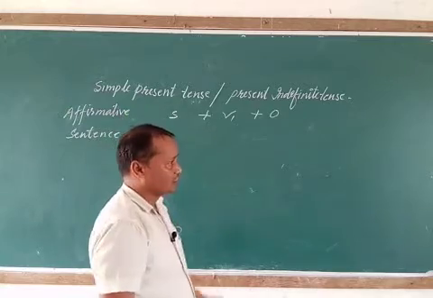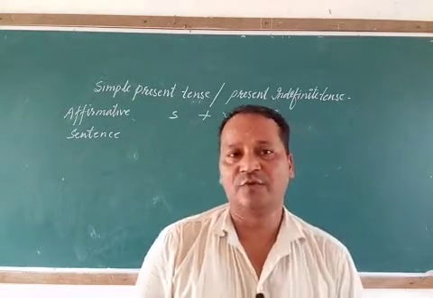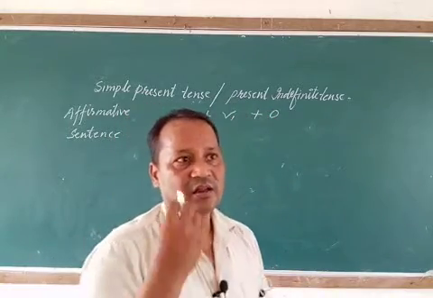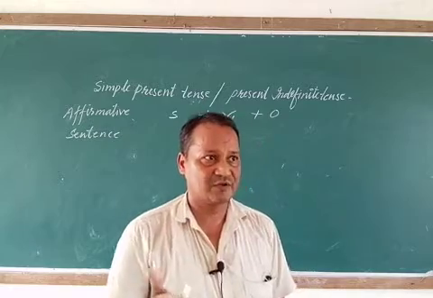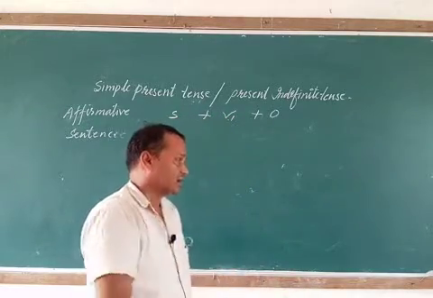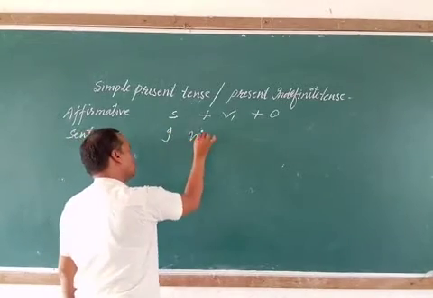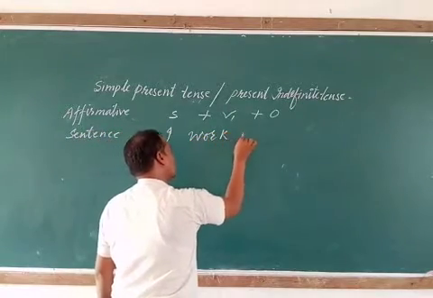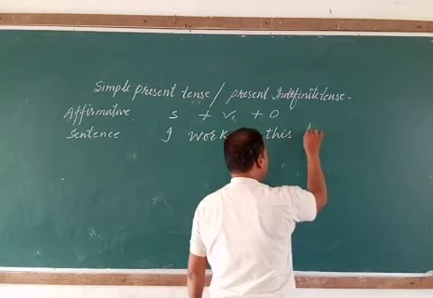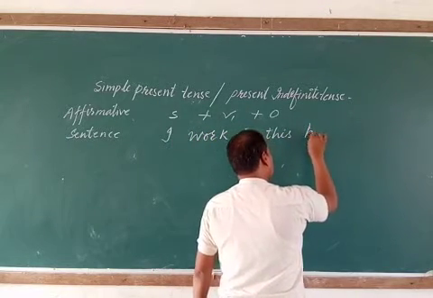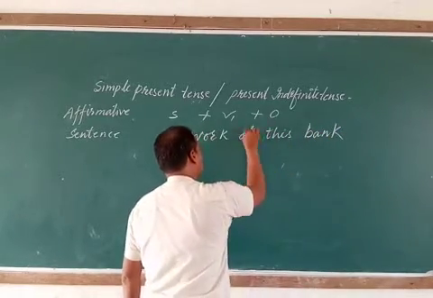So if you want to speak anything in present indefinite tense, you have to take a subject, then the next part would be verb in the first form and other words at last. So if I write, I work at this bank.